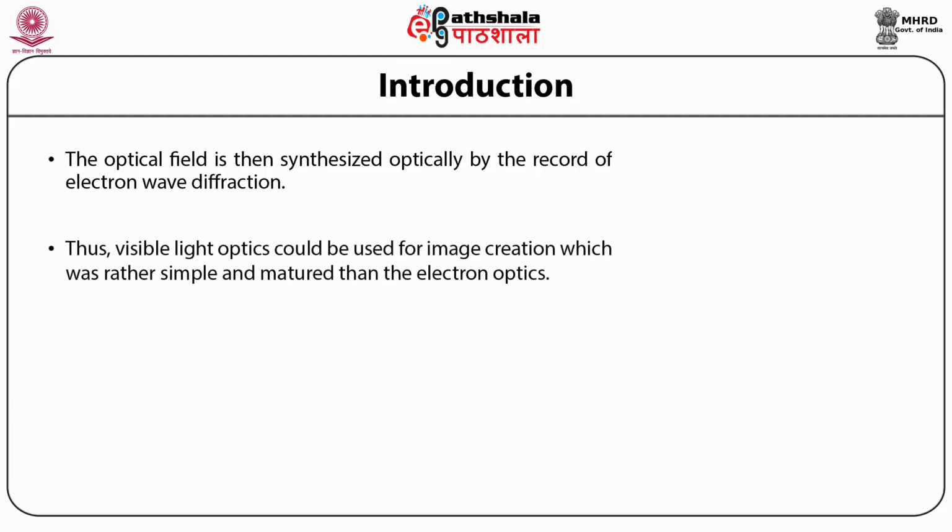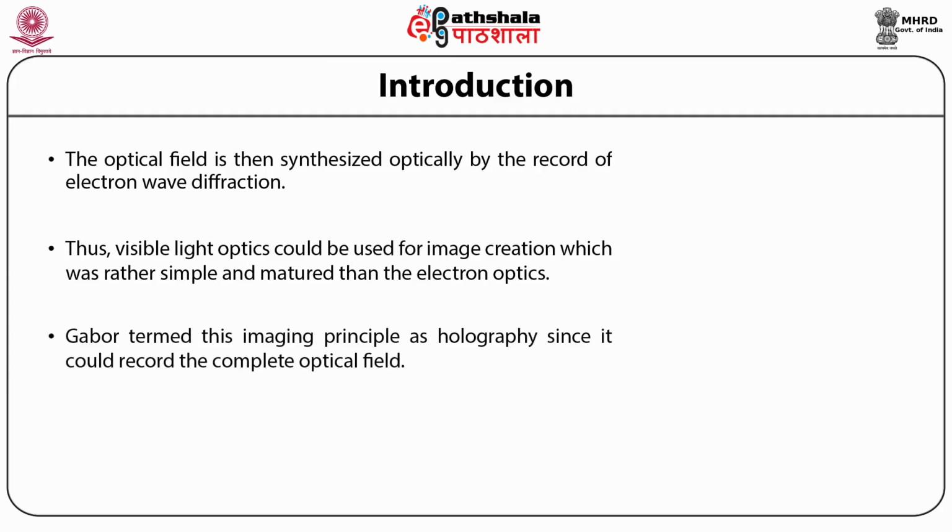Thus, visible light optics could be used for image creation, which was rather simple and matured than the electron optics. Gabor termed this imaging principle as holography since it could record the complete optical field.